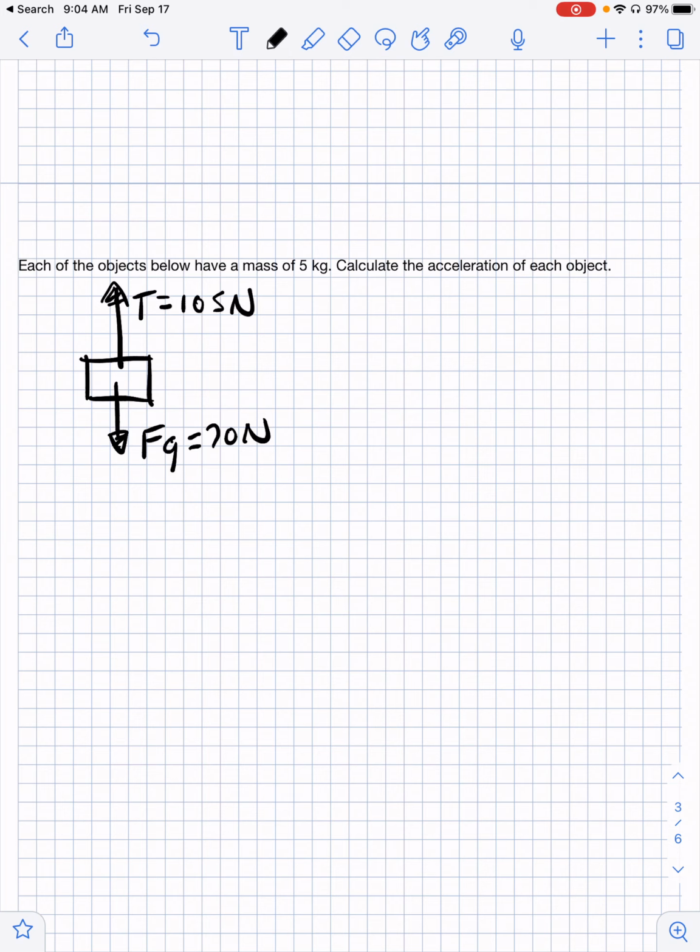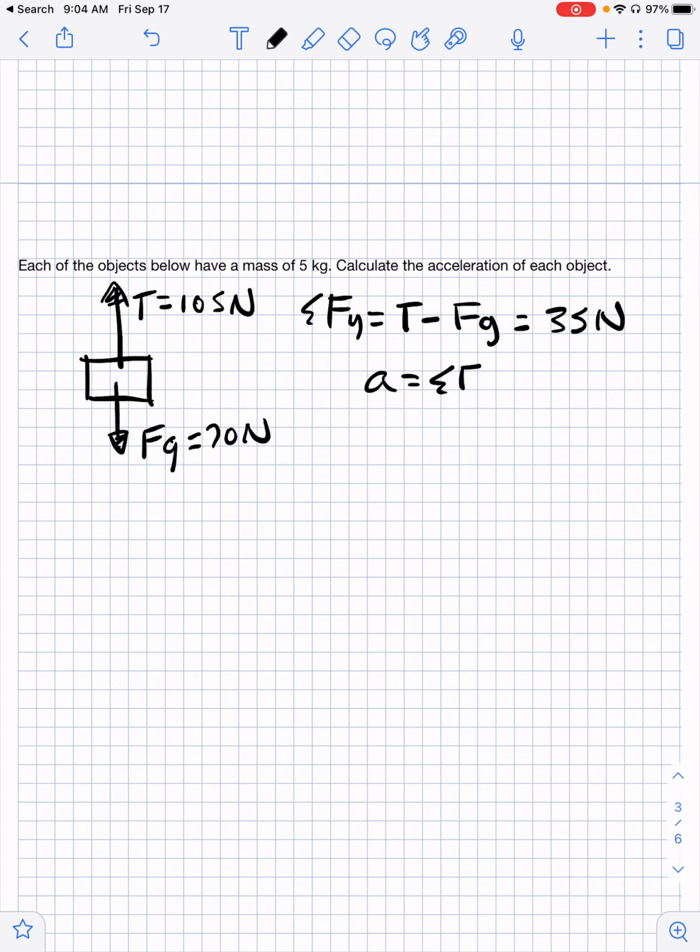We made our net force equation earlier, and the net force in the y direction was tension minus weight, 105 minus 70, which equaled 35 newtons. Now we want to go one step further and find the acceleration of the object.